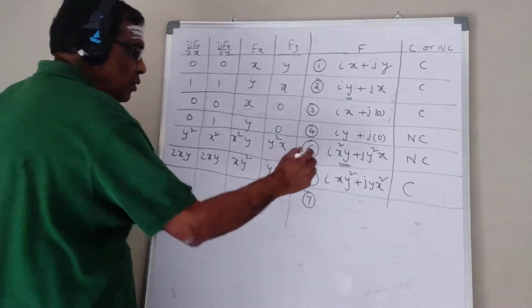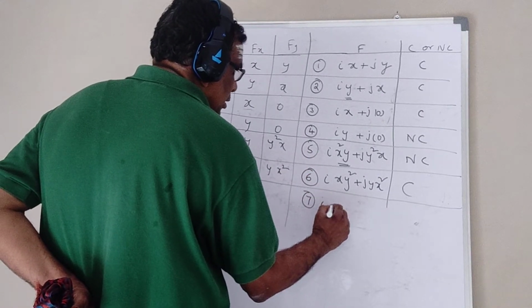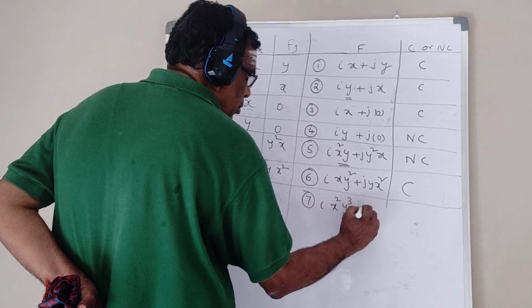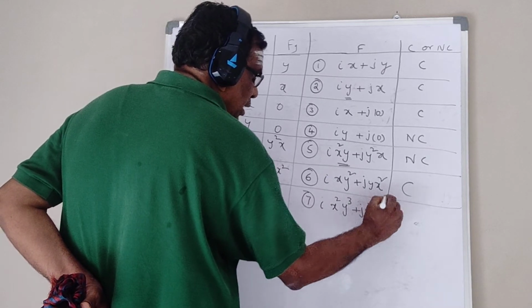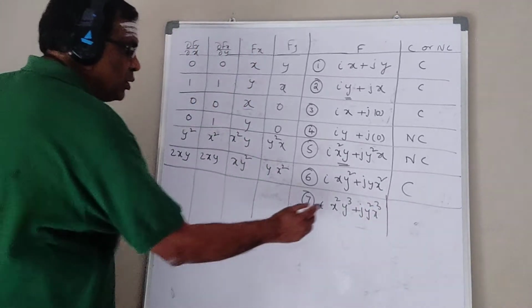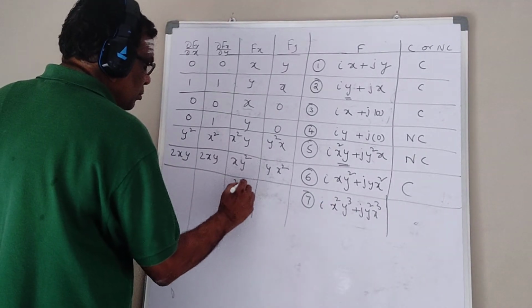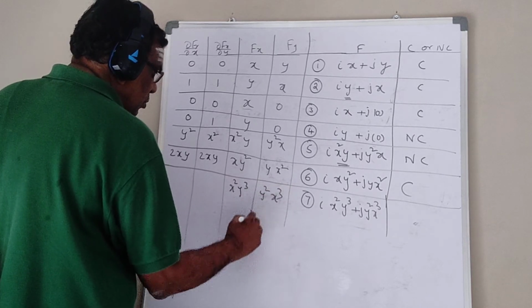Okay. Now, I take this: i x square y cube plus j y square x cube. So x square y cube, and this is y square x cube.